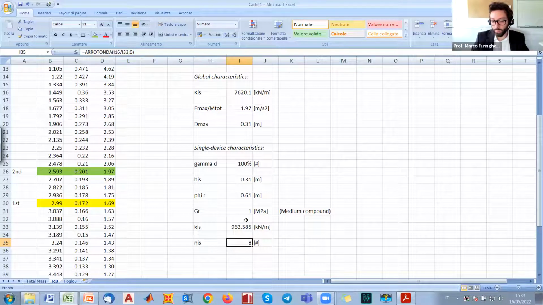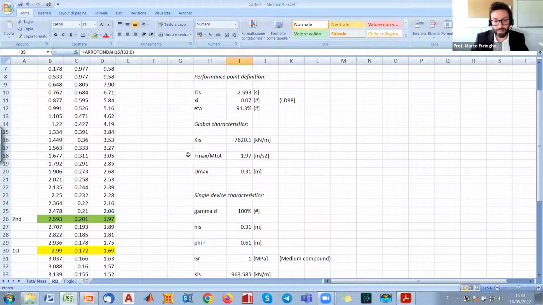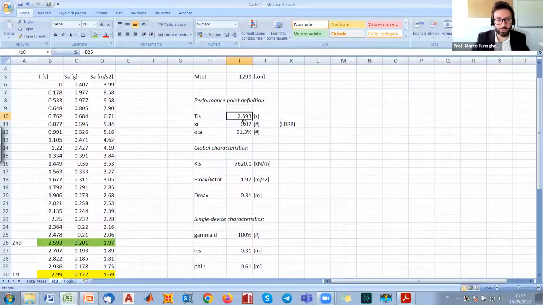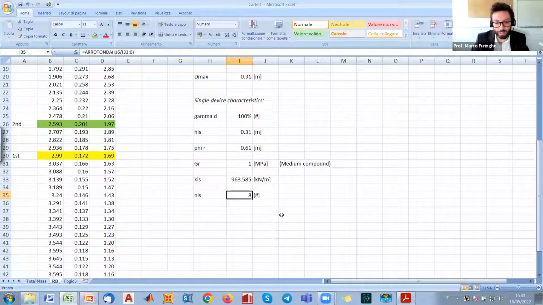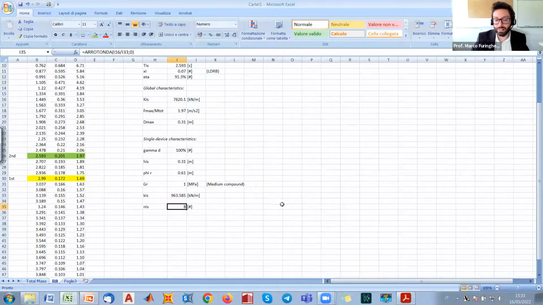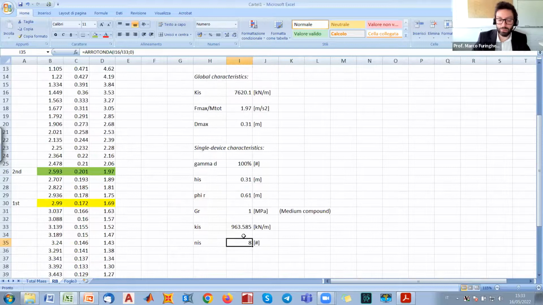So you have seen that we have just changed the isolation period in order to come up with more isolators, and this is because if you get few isolators, this is simply because you need a too low value of lateral stiffness.